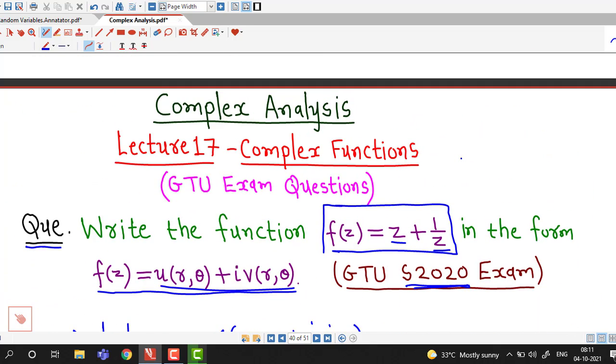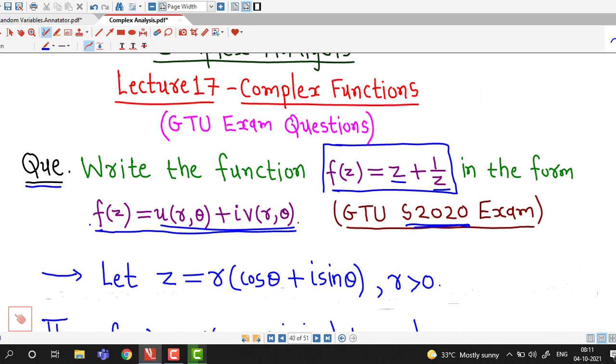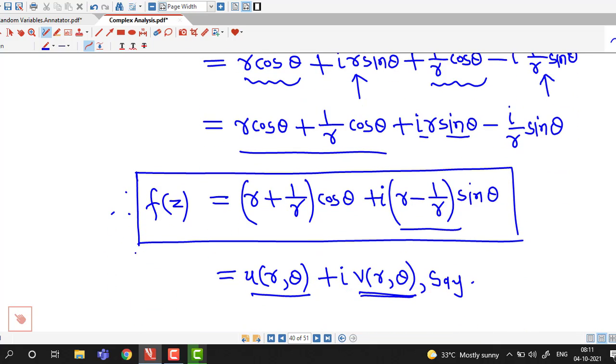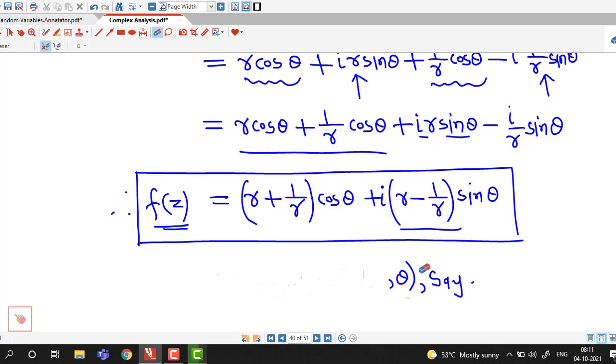And we are asked to express our function in this form: f of z equal to u(r, theta) plus i into v(r, theta). So we find this expression for f of z in terms of r and theta.